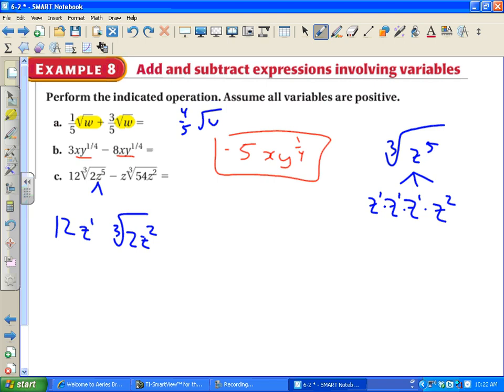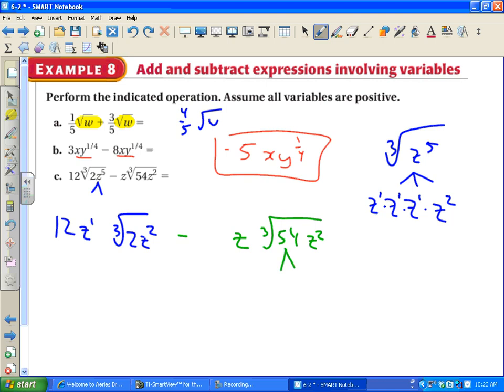I've broken down that left-hand side. Great. Now I need to look at the right-hand side. That says minus z. I already got a z out there. Cube root of 54z squared. I can't do anything with the z squared, but I can break down that 54.